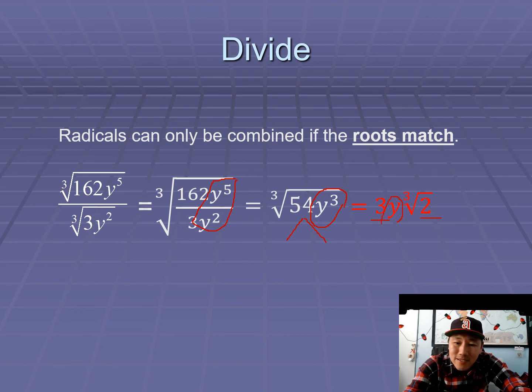Now it looks like it says y to the third, but it's not y to the third. There's just one y. The little 3 there means the cubed root. These little 3s look like they're part of the answer, but it's part of the root. So there we have it. 3y cubed root of 2.